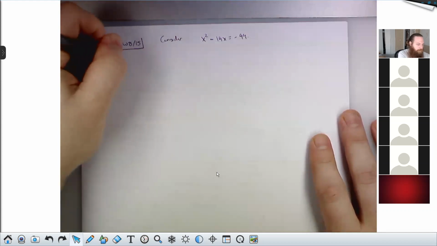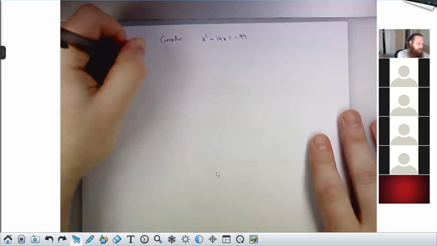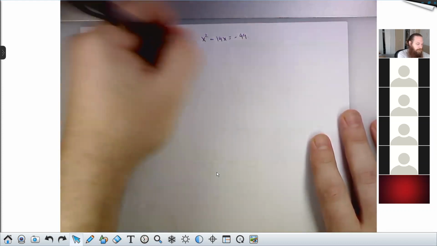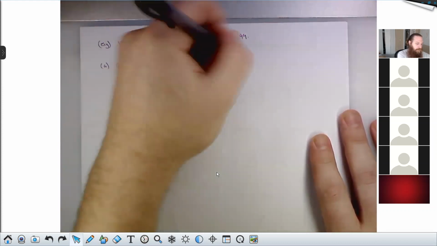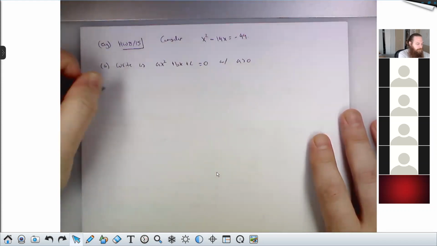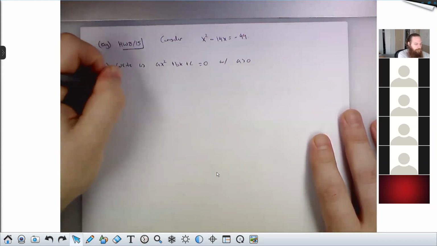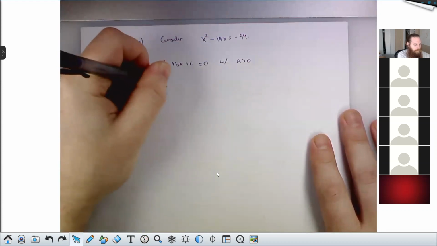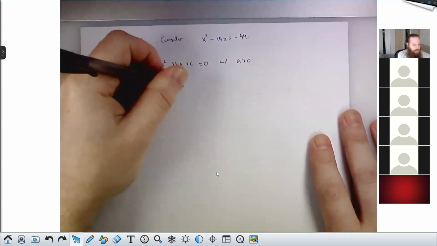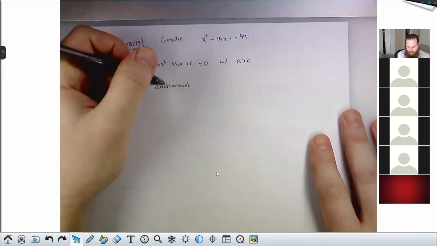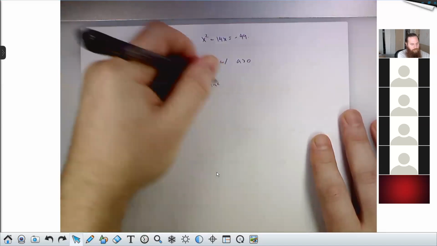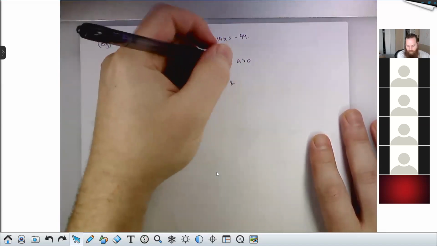Write in standard form with a positive, calculate the discriminant, and classify, so b squared minus 4ac, that's the discriminant, and classify the solutions.